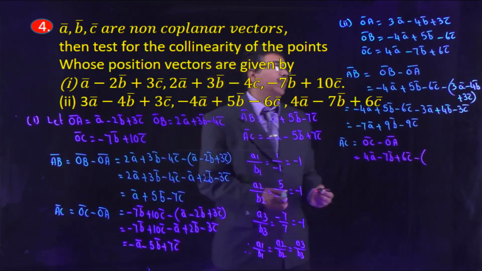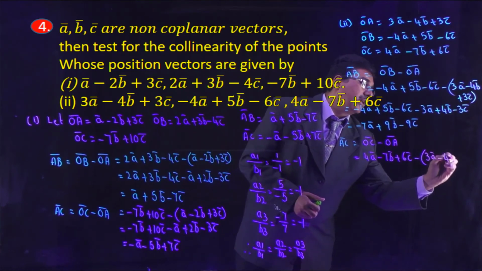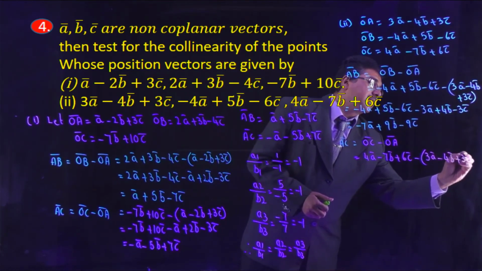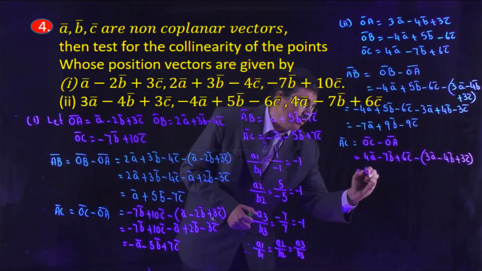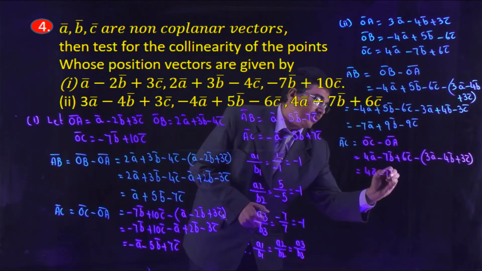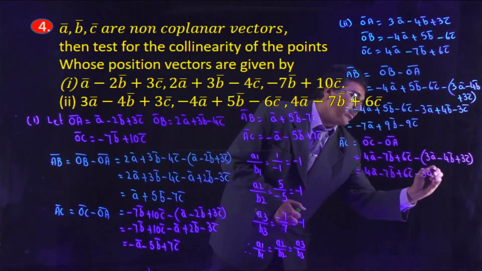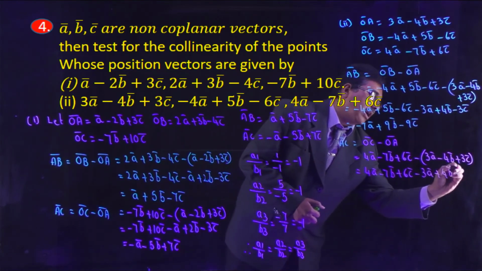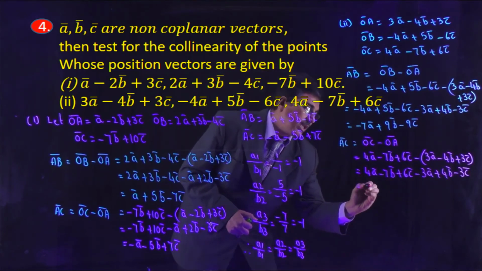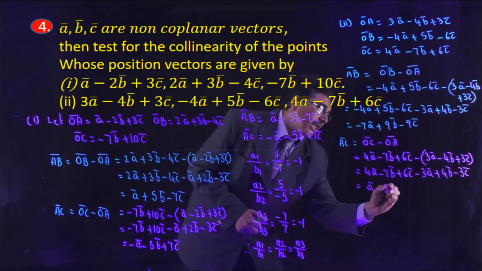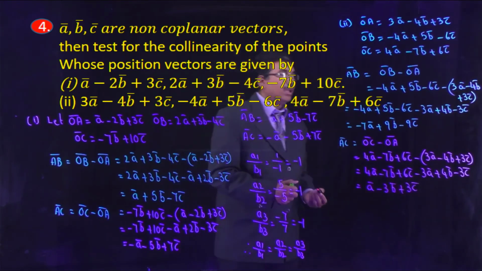OA bar is equal to 3A bar minus 4B bar plus 3C bar, right? That is equal to 4A bar minus 7B bar plus 6C bar minus 3A bar plus 4B bar minus 3C bar. That is equal to A bar minus 3B bar plus 3C bar, right?